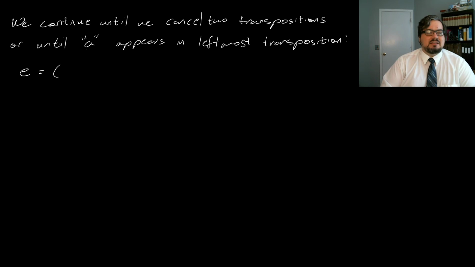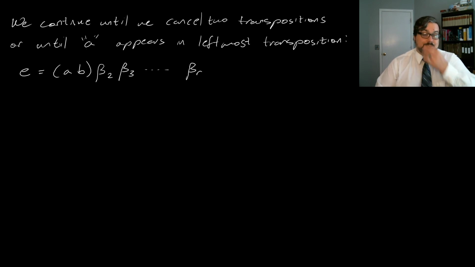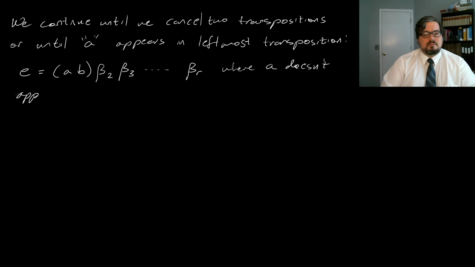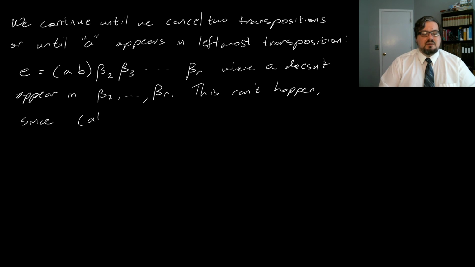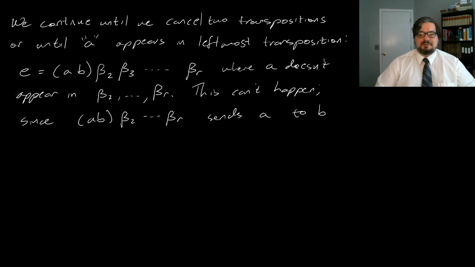That is, we'll have that the identity looks like some transposition involving A, and then beta 2, beta 3, up through some beta R, where A doesn't appear in beta 2 up through beta R. But this can't happen, since now this permutation AB times beta 2 up through beta R sends A to B, and thus isn't the identity.